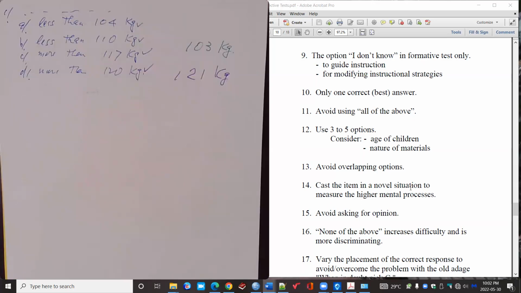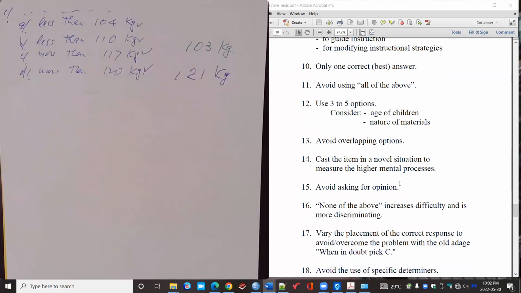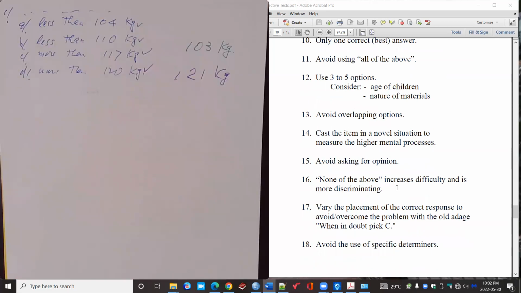Three is application, right? Avoid asking for opinion. There is no true answer, it's just opinion. Don't do that. We just discussed this.